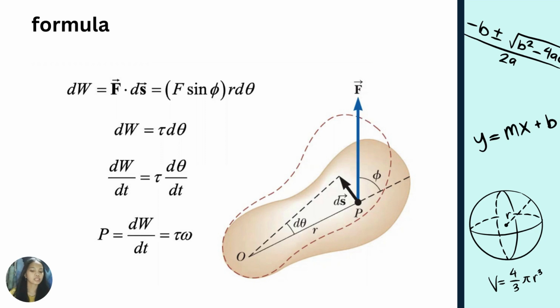To show that this is in fact true, we begin by finding an expression for the work done by a torque. So in this example, consider a rigid object pivoted at the point O in figure 10.19.